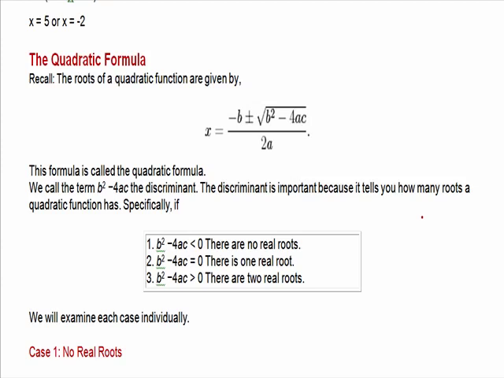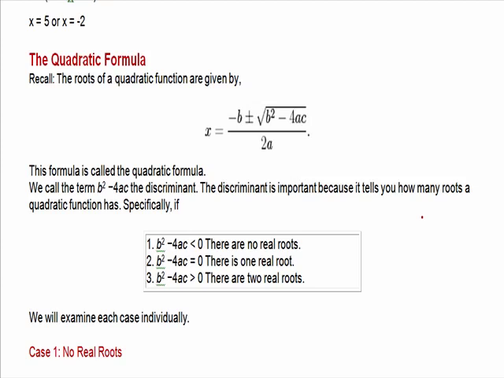And so the quadratic formula tells us that the roots or the zeros of a quadratic function are given by x equals negative b plus or minus the square root of b squared minus 4ac, all divided by 2a. This formula is often called the quadratic formula. And we call the term b squared minus 4ac the discriminant. The discriminant is important to us because it tells us how many roots a quadratic function has.